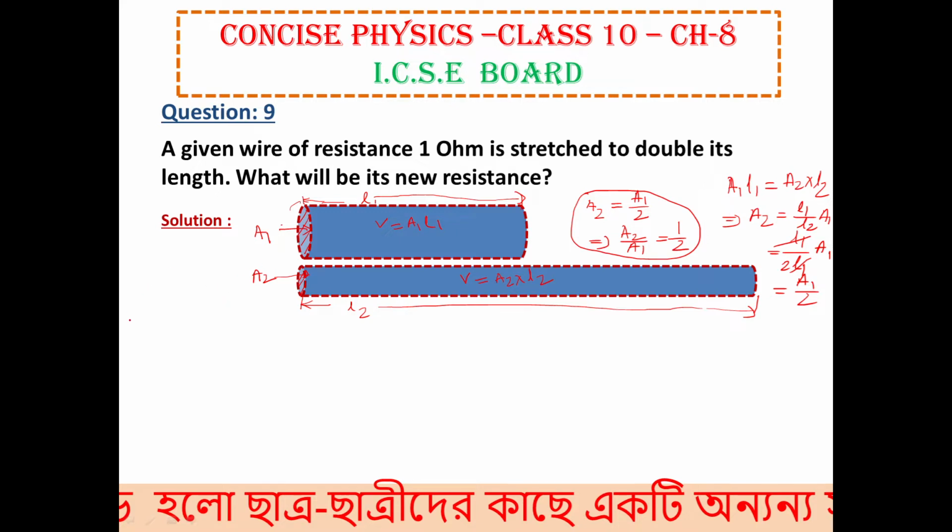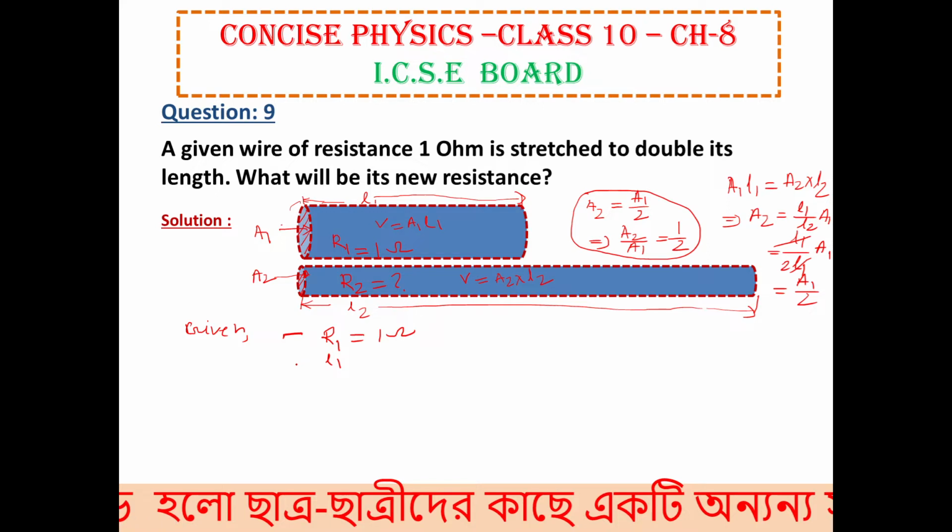Now in the question it is given that the initial resistance R1 equal to 1 ohm. That is, for this wire R1 equal to 1 ohm is given, and for this wire we will have to find out R2.